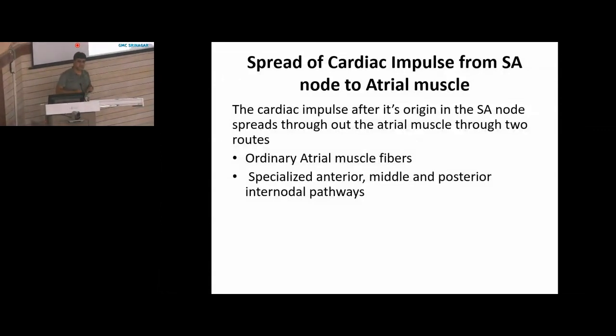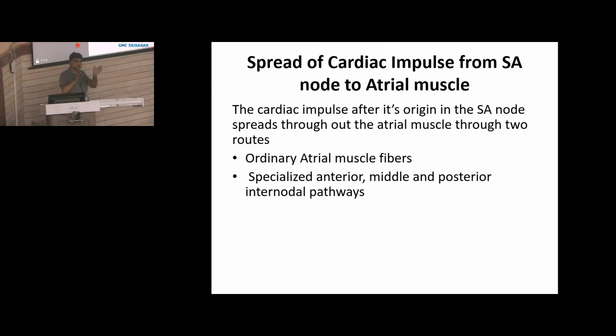Also remember there is one anteriorly running band from the right atrium to the left atrium. That is also a specialized band which runs along the anterior wall of the atria and quickly conducts the impulse from the SA node to the left atrium.